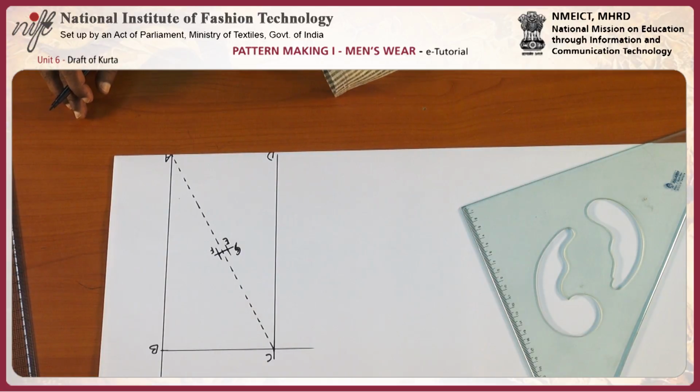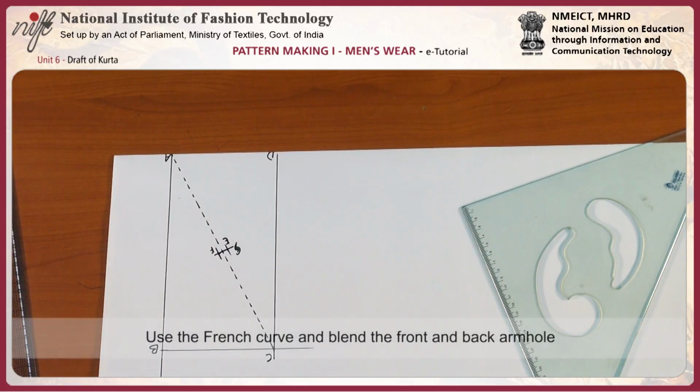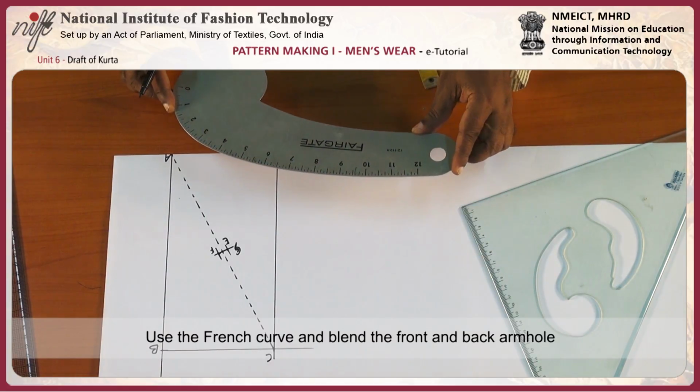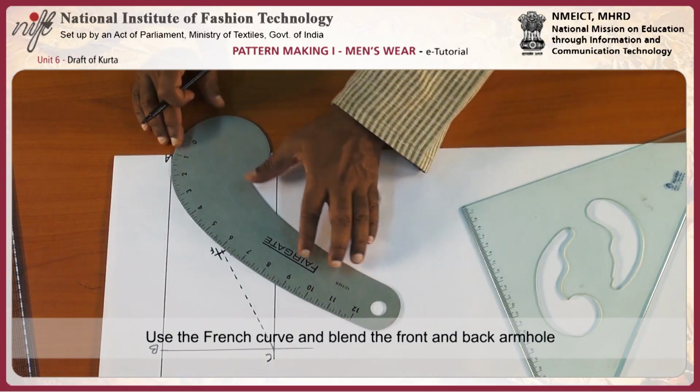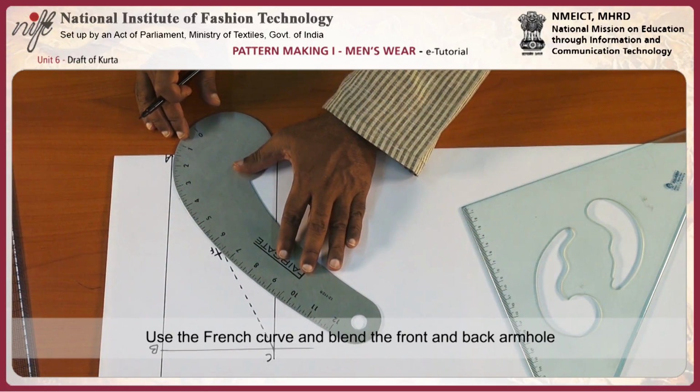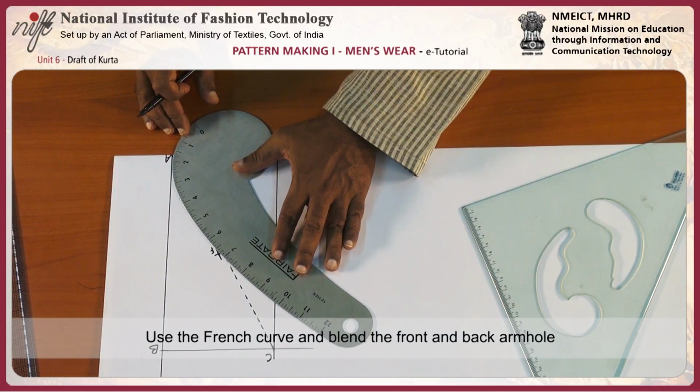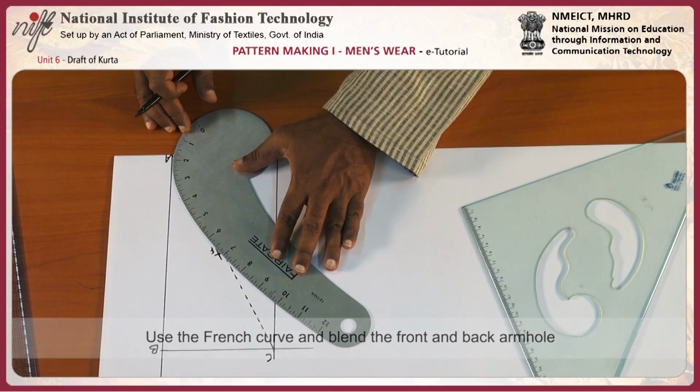After marking F and G from point E, you can blend the armhole using French curve. Kindly notice the way I am placing the French curve and blending the front and back armhole, to be followed when you practice.